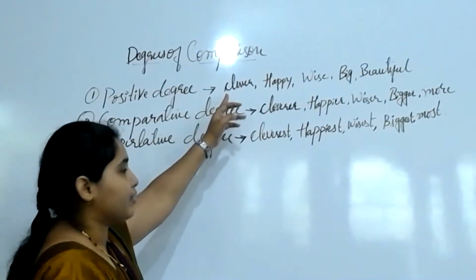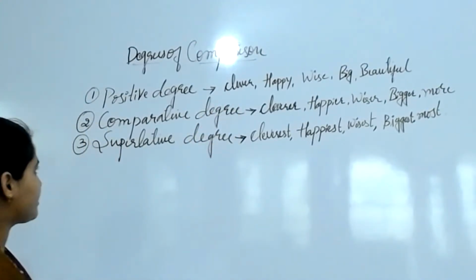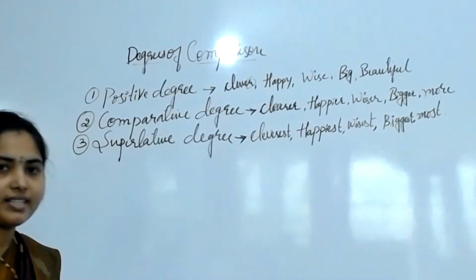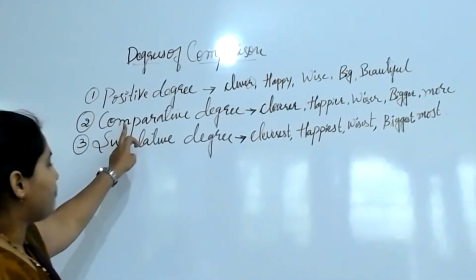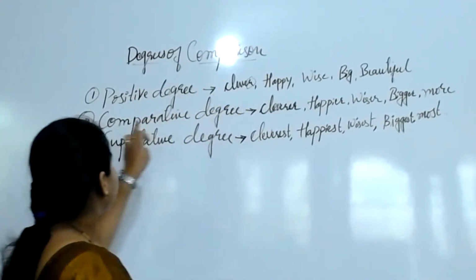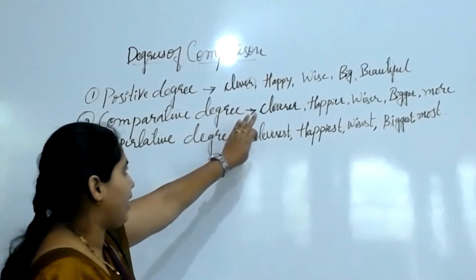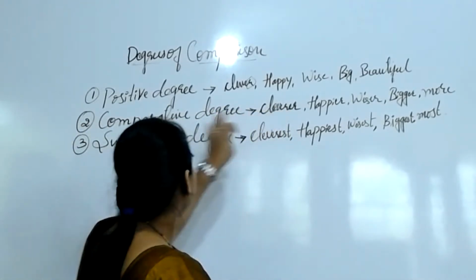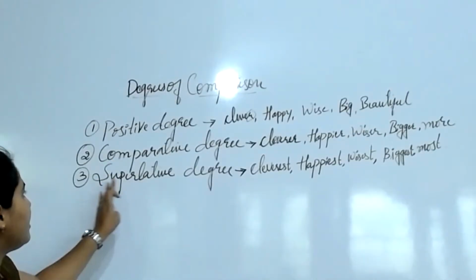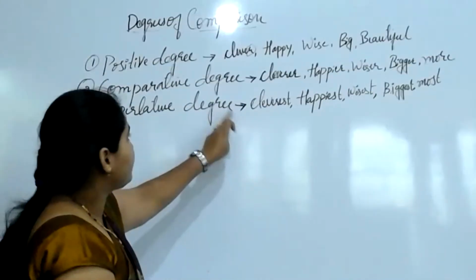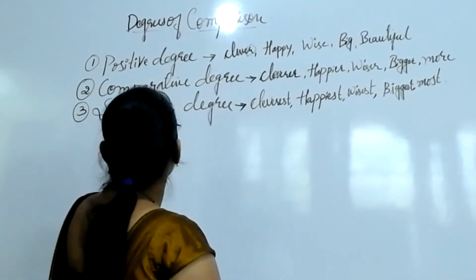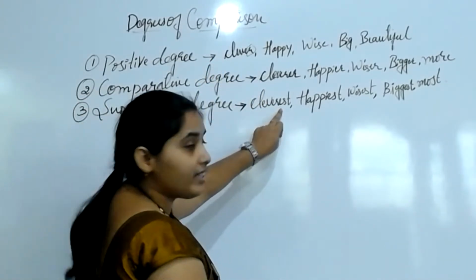If the adjective ends with R in the positive degree, in the comparative degree you should just add ER. And the third one is the superlative degree. In the superlative degree, if the adjective ends with R, you should add EST.